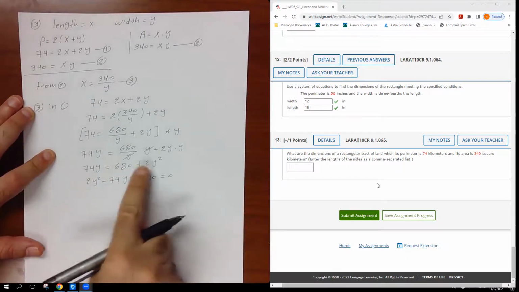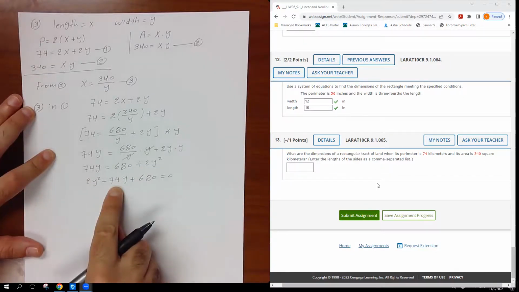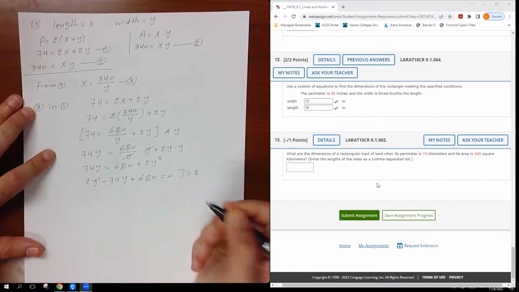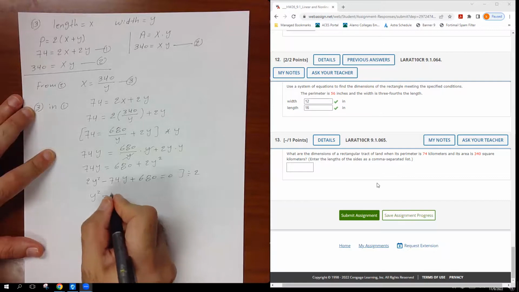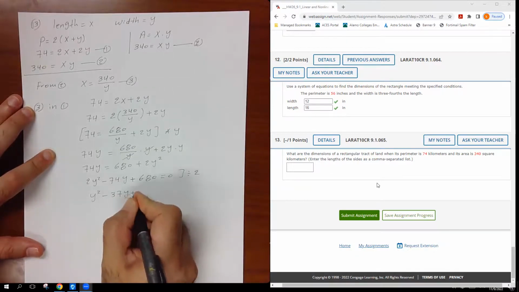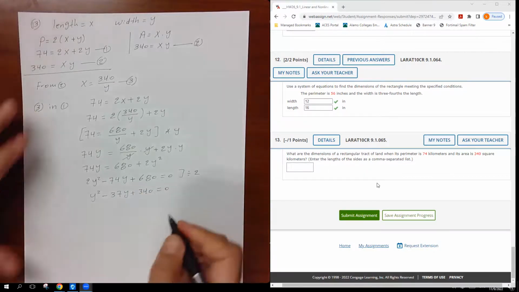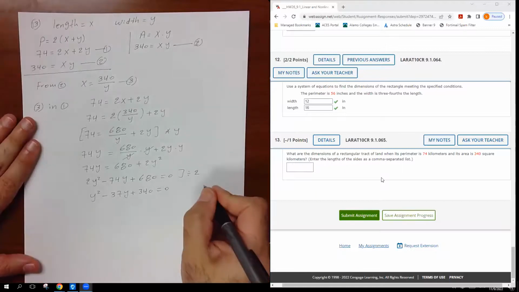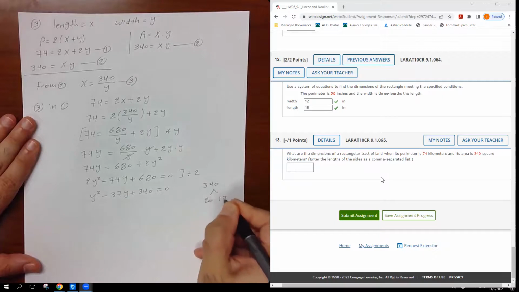I'm writing down first the squared term, then the term with the y, and the constant, then divide everything by 2, so it's going to be y squared minus 37y plus 340 equal to 0. Now we need to factor this quadratic equation. 340 is 20 times 17.